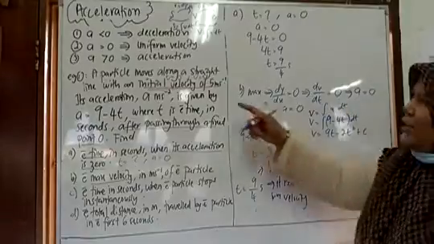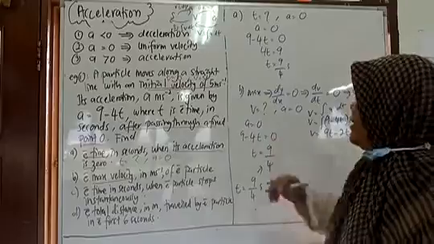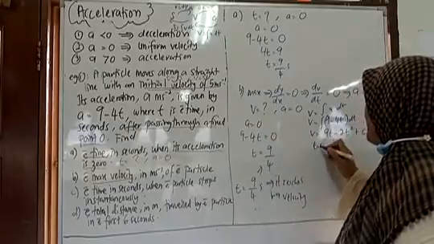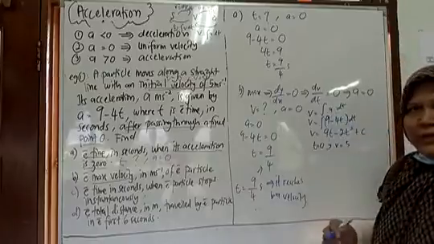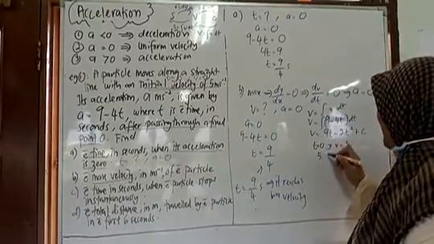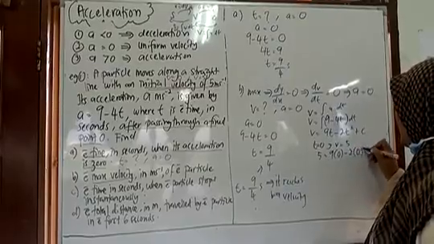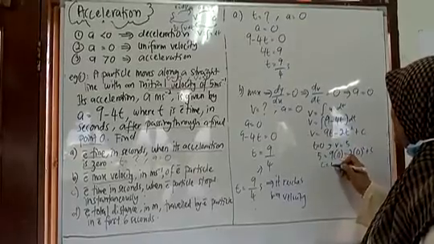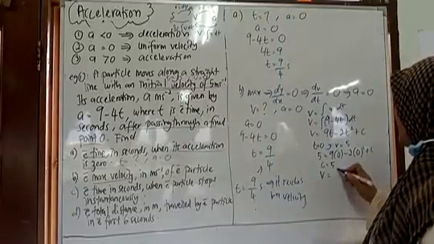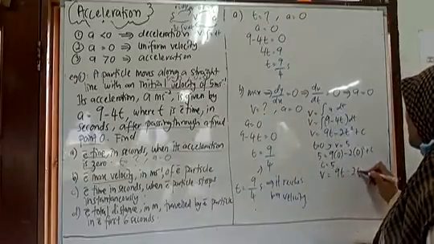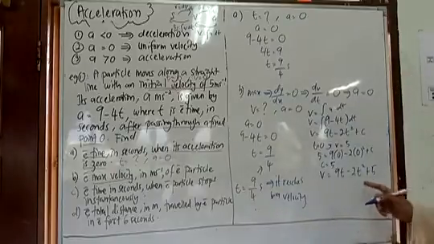Remember our information: when t is equal to 0, v is equal to 5. So 9(0) minus 2(0) squared plus c gives c equal to 5. So our velocity function is 9t minus 2t squared plus 5.